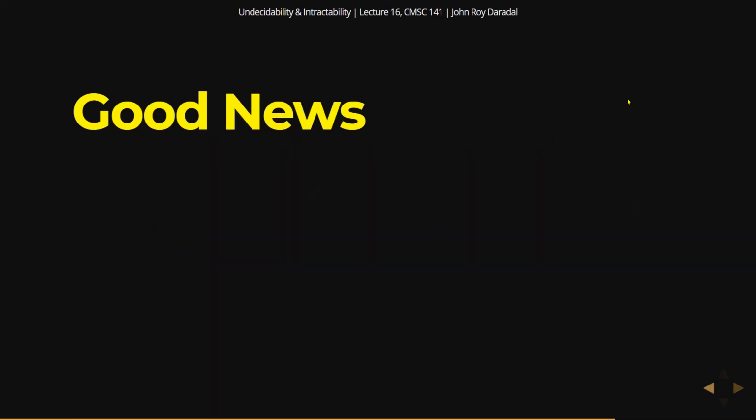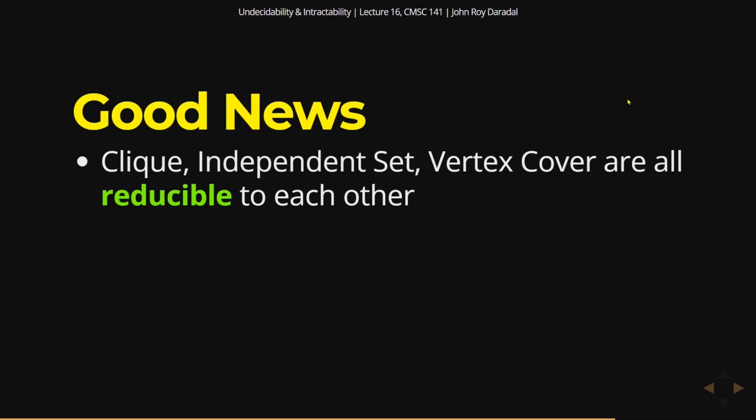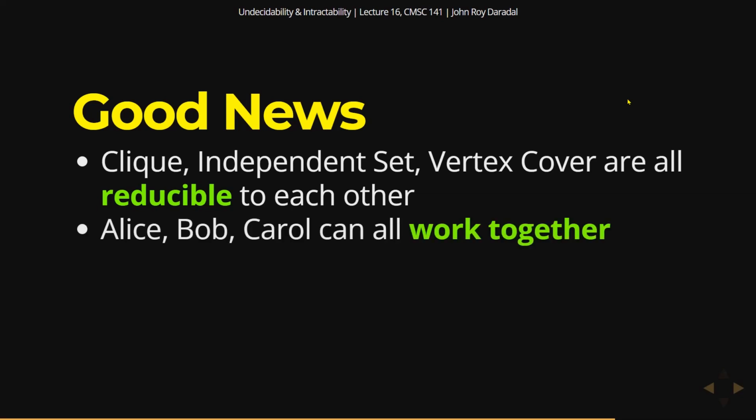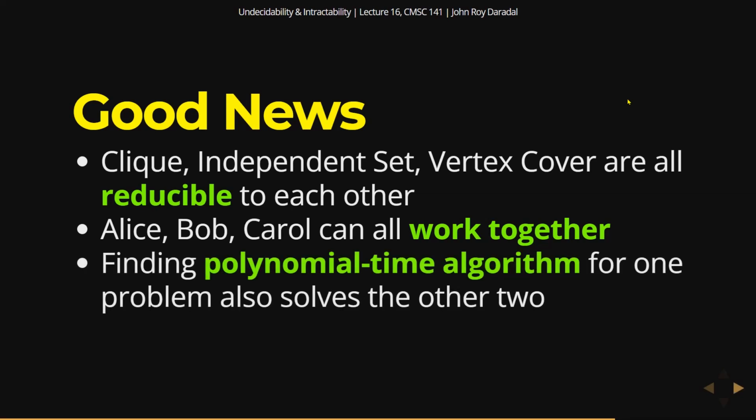So the little bit of good news is that Clique, independent set, and vertex cover are all reducible to each other. Okay, so if there is one algorithm that solves one of their problems, then all three problems are now solvable. So this means that Alice, Bob, Carol can work together. So finding a polynomial time algorithm for one problem also solves the other two.